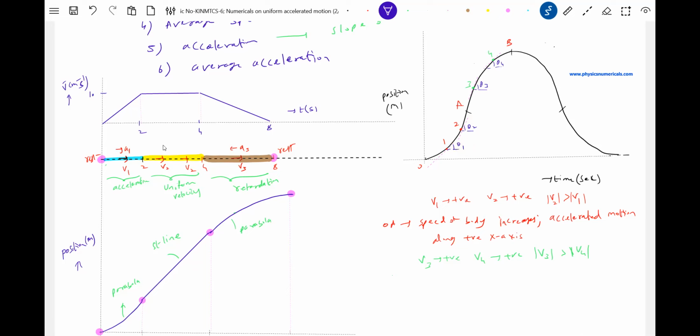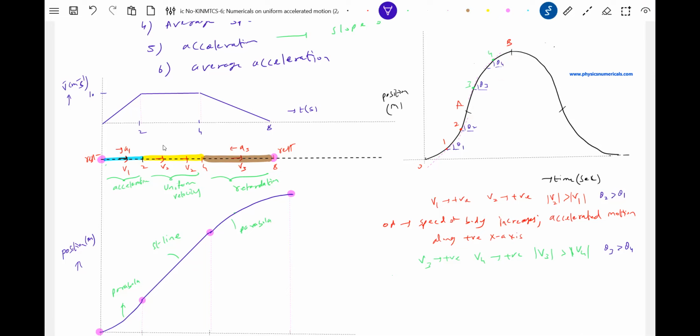Theta 2 will be greater than theta 1. Agreed? Similarly here, theta 3 will be greater than theta 4. So the magnitude of slope decreases. Slope of a tangent drawn in the ST graph will give velocity, so the speed of the particle is decreasing.